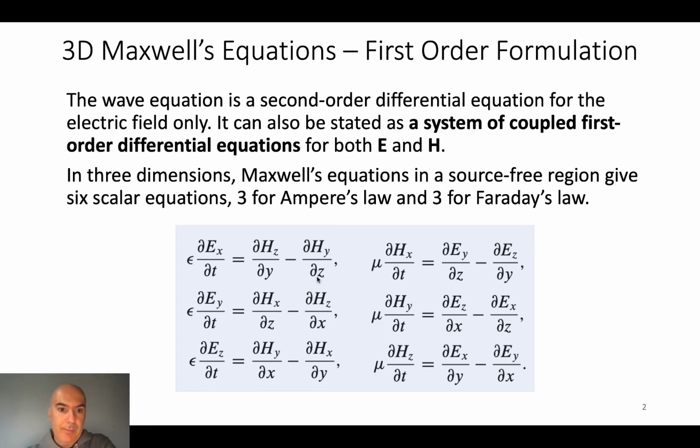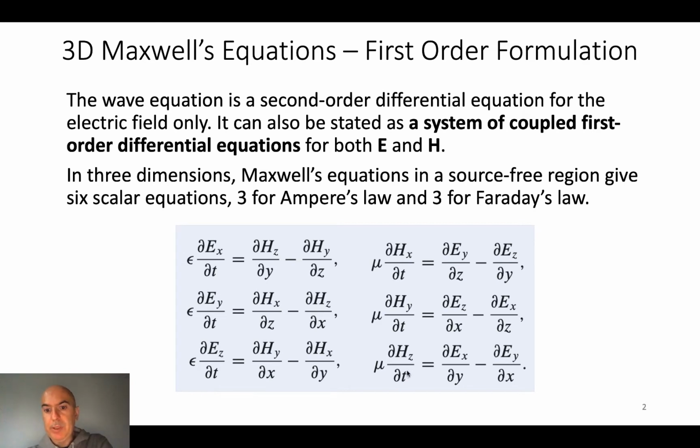As you can see, these are first order equations in time and in space, and they are coupled. That means that different equations are coupled to other equations. So let's take the first one. You see here we have an evolution for the x component of the electric field that is coupled to the evolution of the z component of the magnetic field.